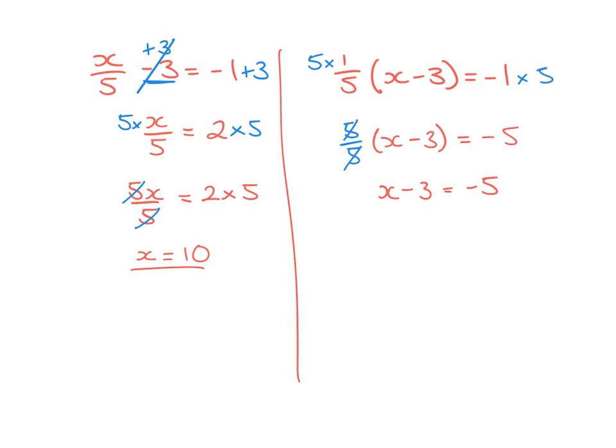Because there's nothing now, no longer at the front, because the 5 divided by 5 becomes 1. So because there's nothing more at the front, we can get rid of the brackets. And now we do plus 3. Or what are we going to take from this side? Plus 3, plus 3. These will cancel each other out. And you'll be left with x is equal to negative 2, because you're at negative 5, add 3.